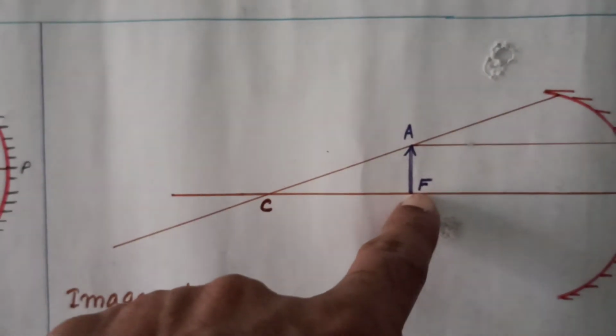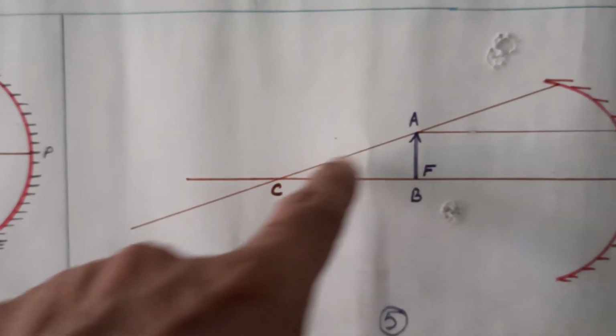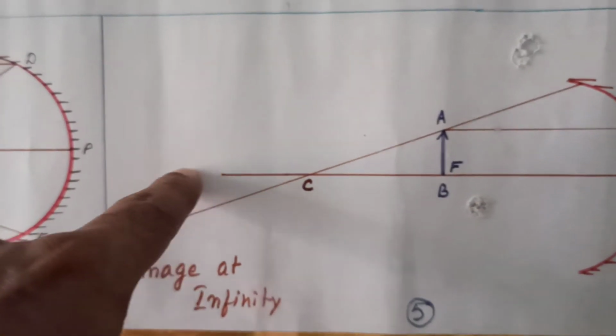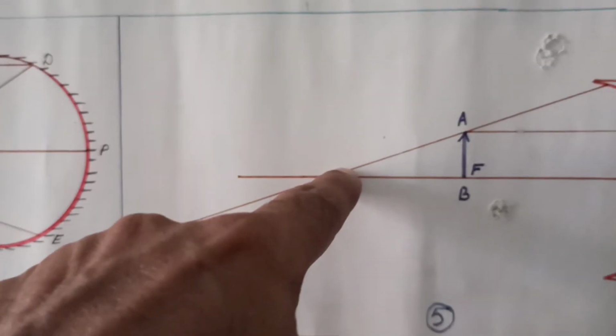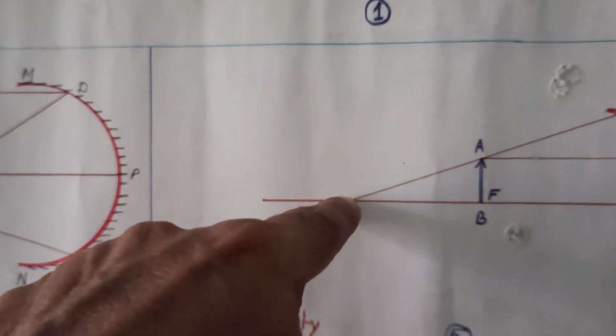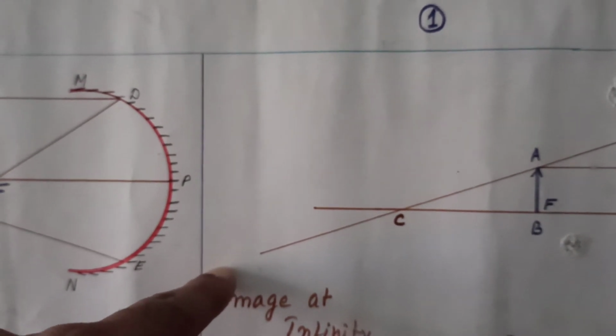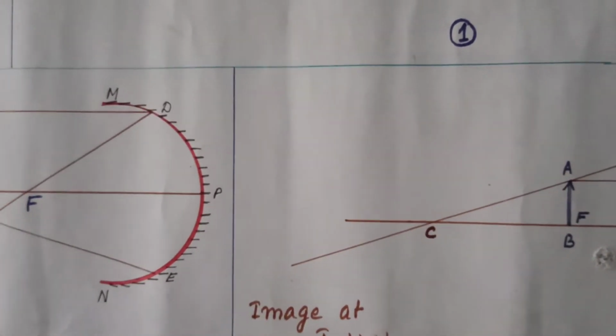Then what is the position of the image? Then we can see here, this is the principal axis, and you can see that the image is formed below the principal axis, hence the image is inverted.